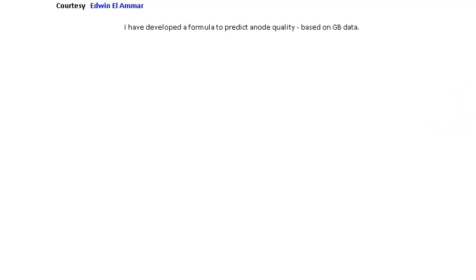I have developed a formula to predict anode quality, based on GB data. Calculation result with this formula compared to actual results show just a little difference, plus minus 1%.